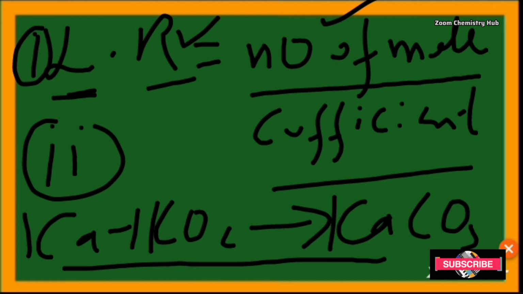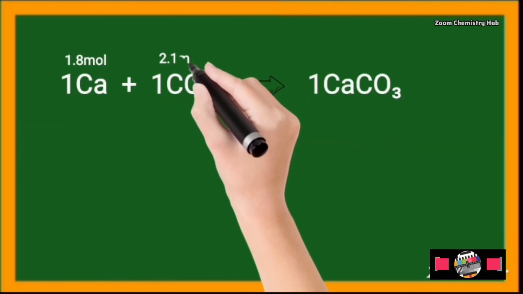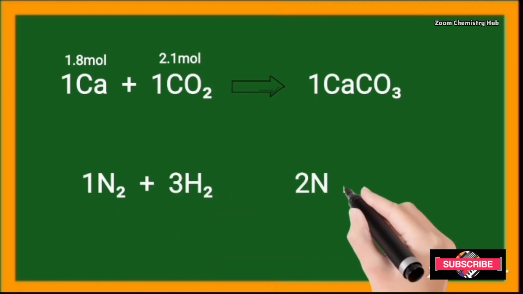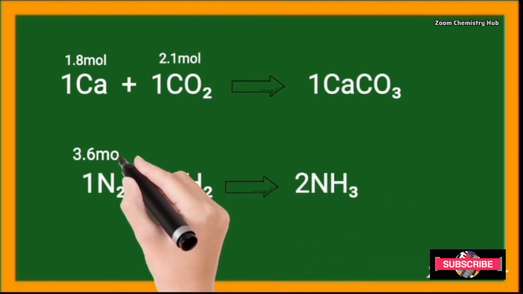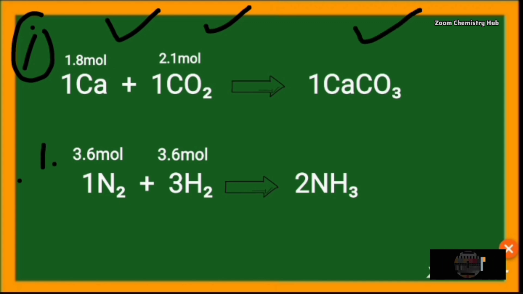Now we take examples for calculating the limiting reactant. We have two chemical reactions. The first reaction is when calcium reacts with carbon dioxide to form calcium carbonate, and in the second reaction nitrogen reacts with hydrogen to form ammonia gas. First we will take the first reaction.